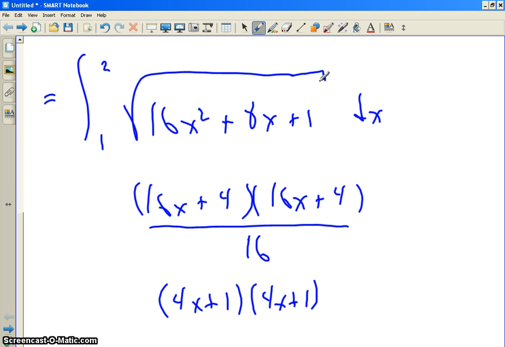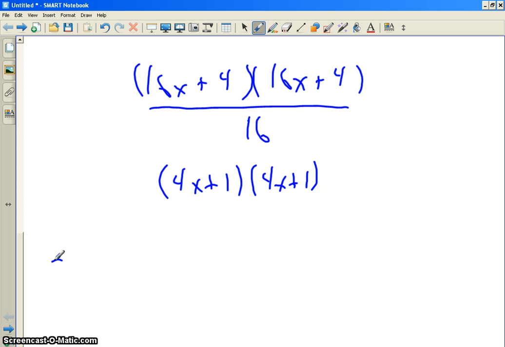When you square root it, what do you get? That's it. So this is easily integrable. Now technically, when you square root a square, you get an absolute value. So I should really put this in absolute value. But it doesn't really matter because on this interval from 1 to 2, on this domain, this is always positive, so the absolute value won't matter.